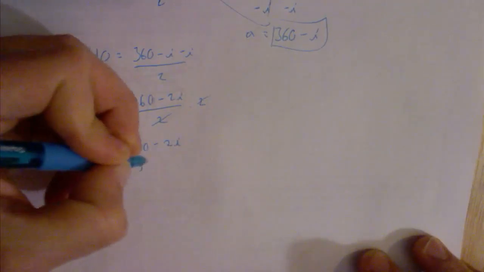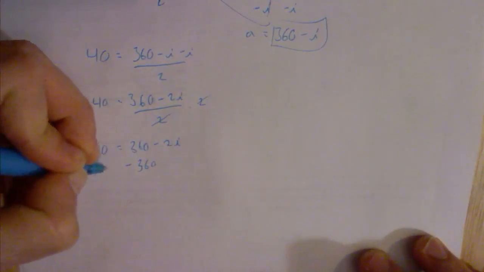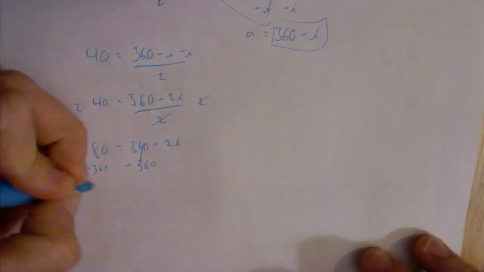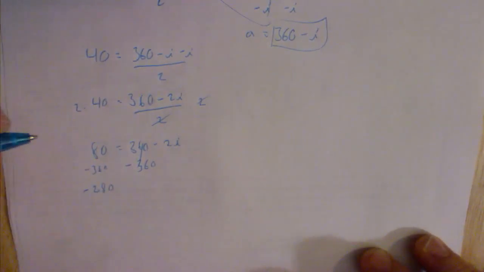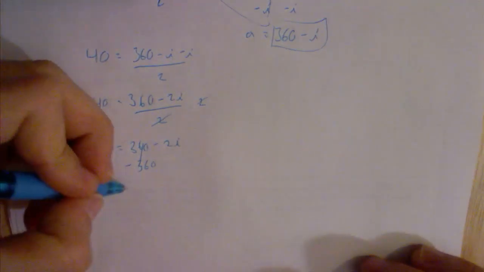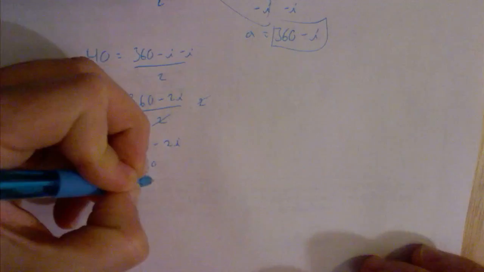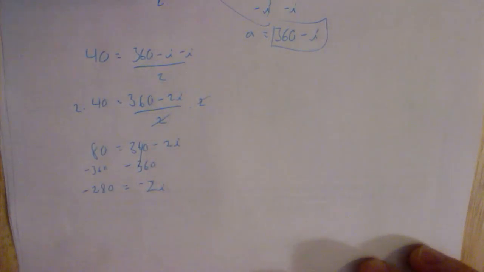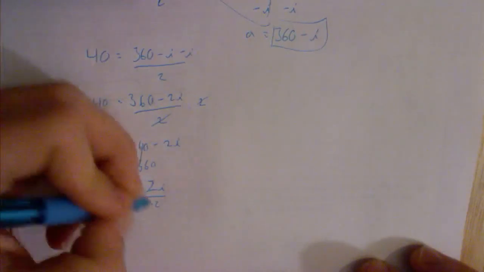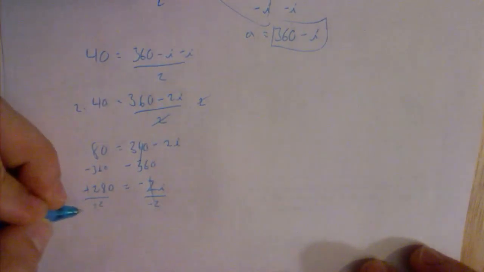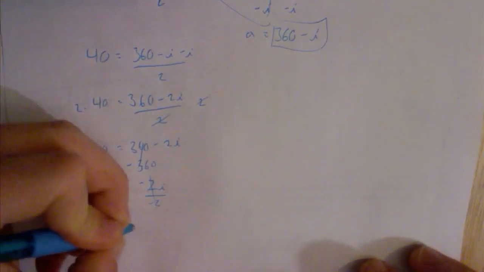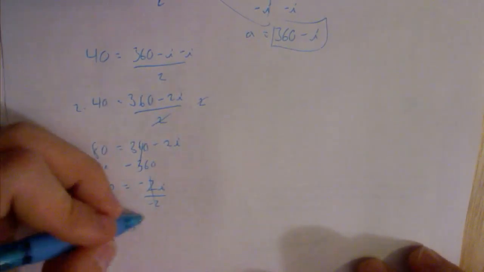So I'll take away 360 from both sides. 80 minus 360, I believe, is negative 200. Yep. And that's equal to negative 2I. So next, I'm going to divide by negative 2 on both sides. These cancel out the negatives, and I'm left with 140 is equal to I.